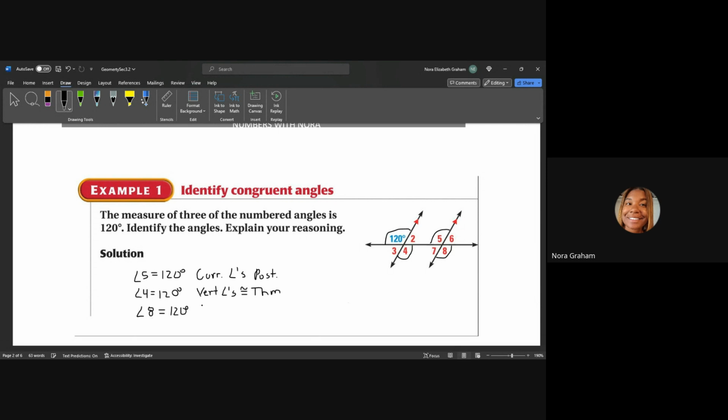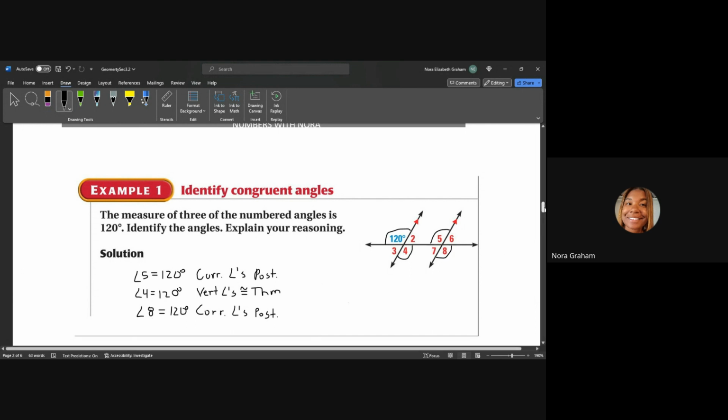And this is by the corresponding angles postulate again. I'm just going to use abbreviations. Okay. And these are going to come in handy when we start doing heavier proofs later on in the chapters.